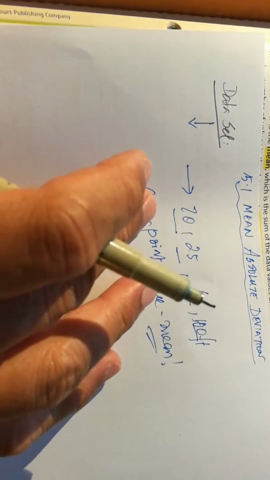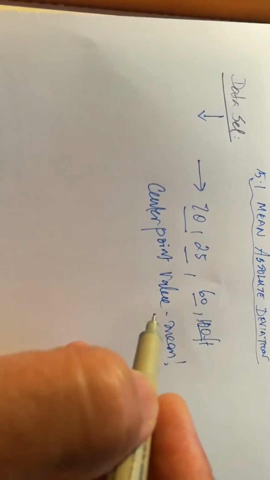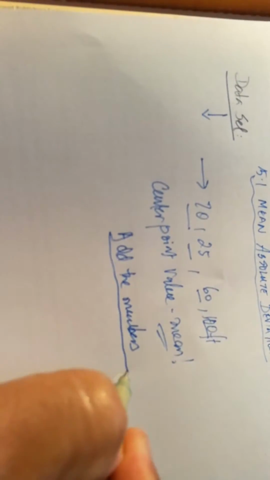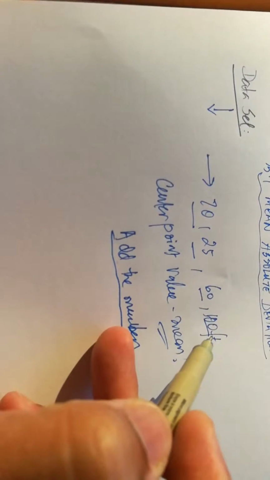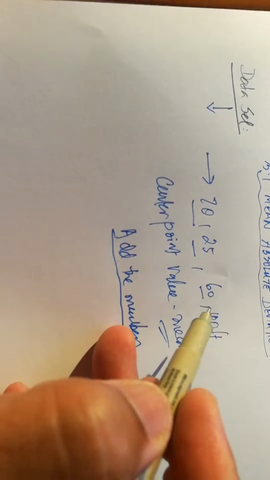So if you have 70, 25, 60, and 100 feet, what you do is you add the numbers and then divide by the number of data points in the data set. How many data points are there in the data set? In this case it will be 1, 2, 3, 4.